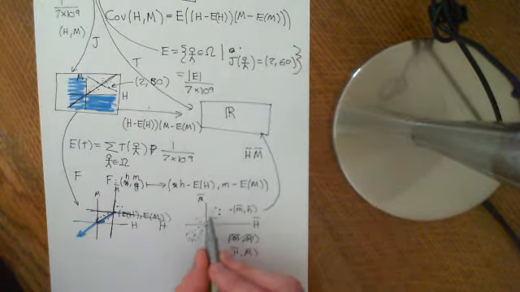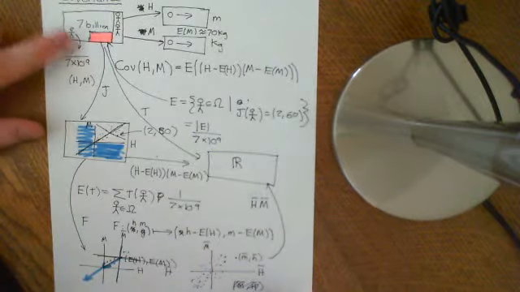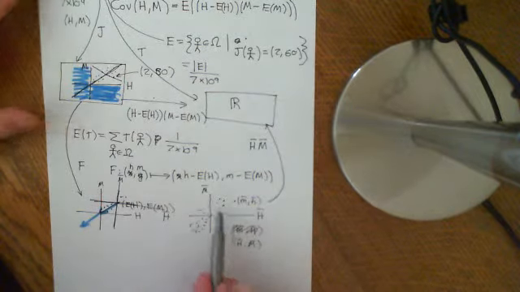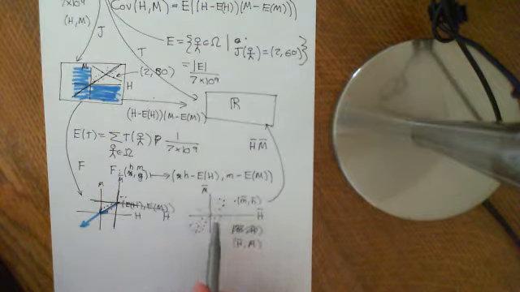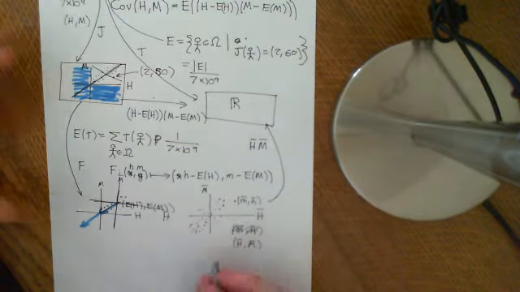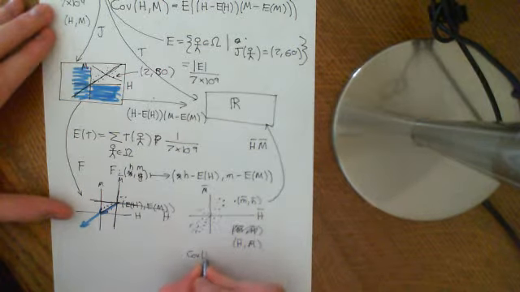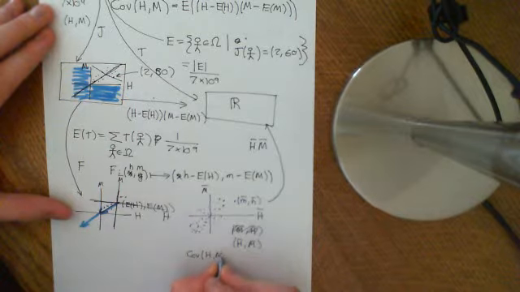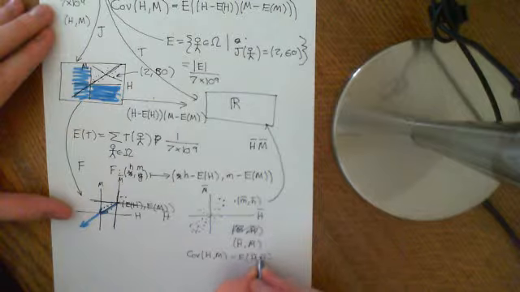Okay, so every person in this original abstract probability space up here has an ascribed value for h bar and m bar, and basically we want to take the covariance of these two original random variables h and m, which is equal to the expected value of h bar times m bar.